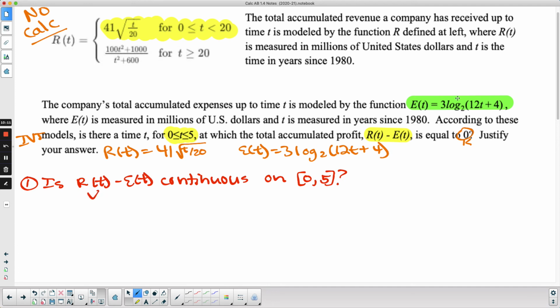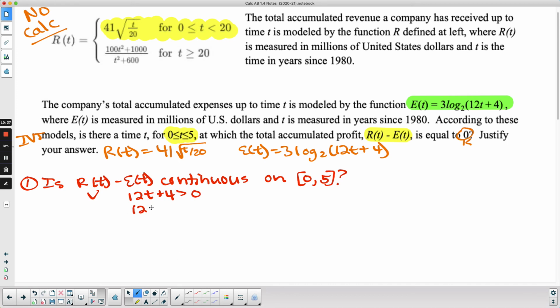And then E of t. Now this one we have to do a little more work. 3 log base 2 of 12t plus 4. Remember, in order to be continuous, the value inside the logarithm has to be greater than 0. So for E of t, we need to check when 12t plus 4 is greater than 0.